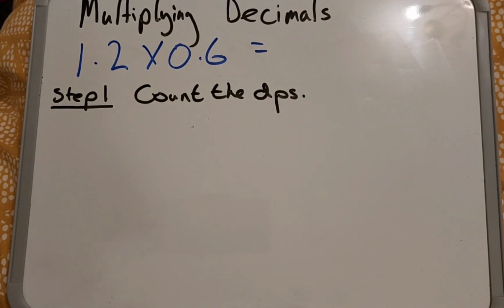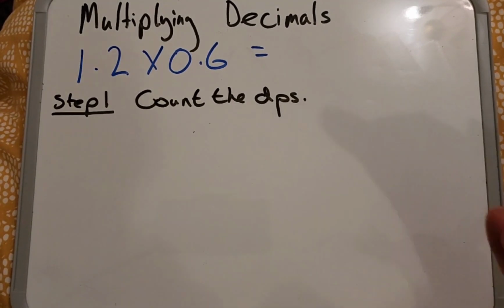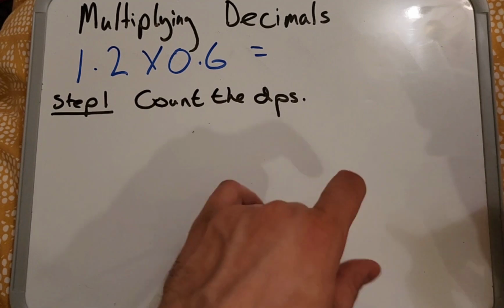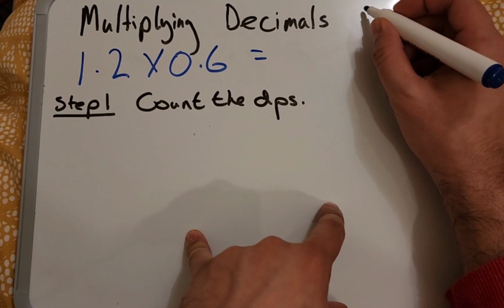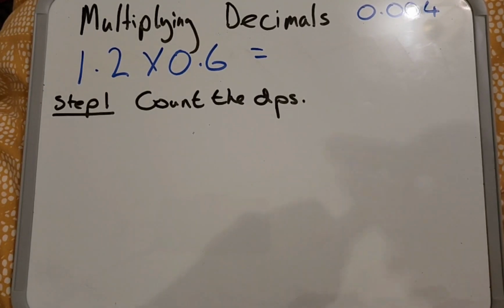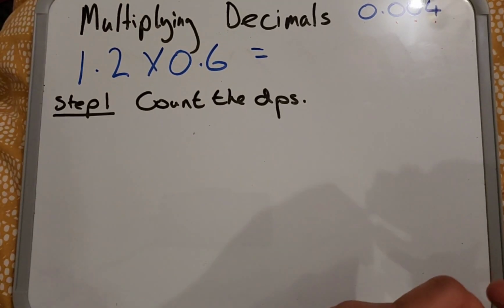So step 1 is count the DPs. DPs actually stand for decimal places, not decimal points, decimal places. A number can have more than one decimal place. So for example, 0.004 has 1, 2, and 3 decimal places.